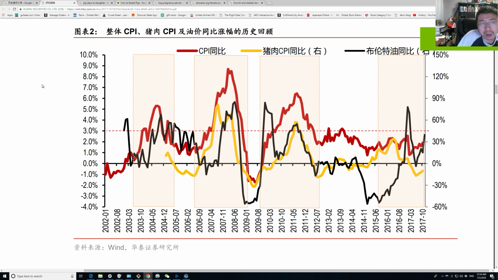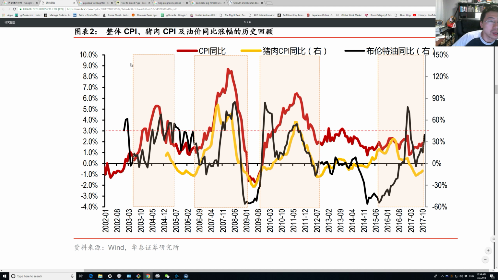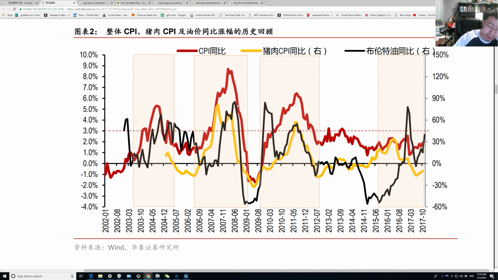Today we'll talk about pigs. To be more specific, the hog cycle in China. So this is very similar to other cyclical industries.